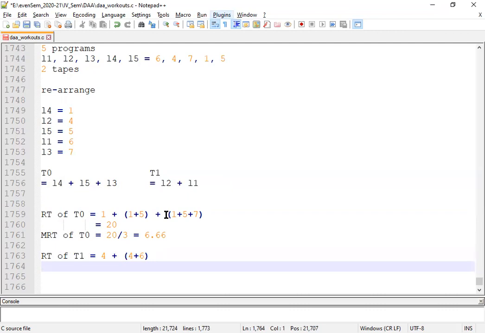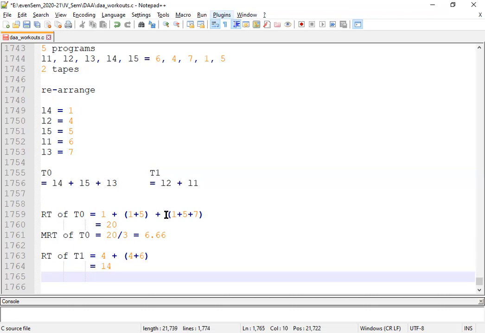So that we get it to be 14. Then MRT, that is mean retrieval time of T1, is equal to 14 divided by total number of programs that are stored on T1, which is 2, divided by 2. So we get it as 7.